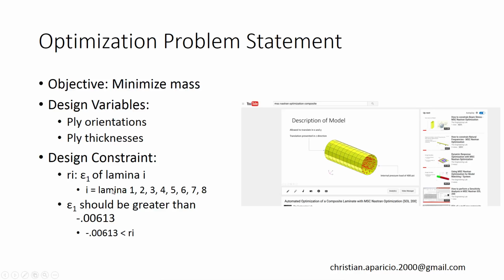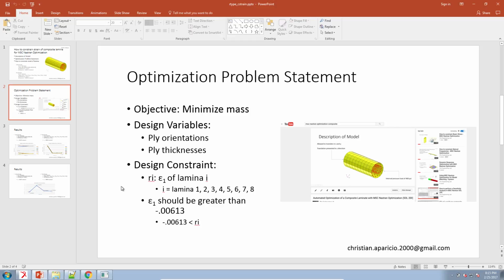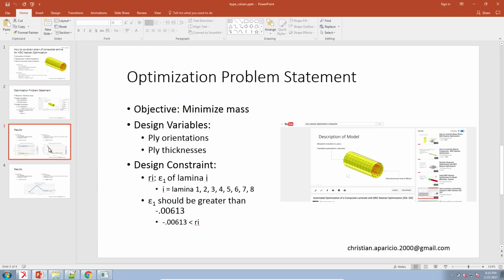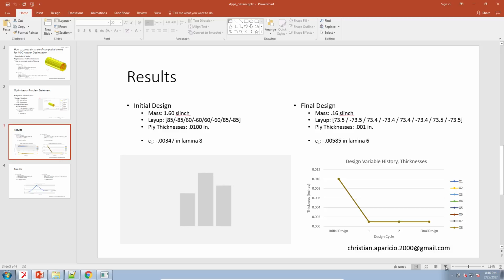And in this video, again, we just focus on the process of imposing a design constraint on the strains of each lamina. And right now, as I'm speaking, MSC Nastran is performing the optimization. Let me go ahead and jump to the next slide and maybe start speaking about the results.